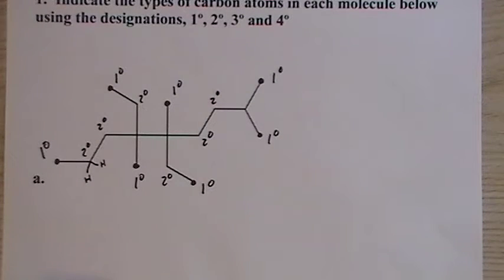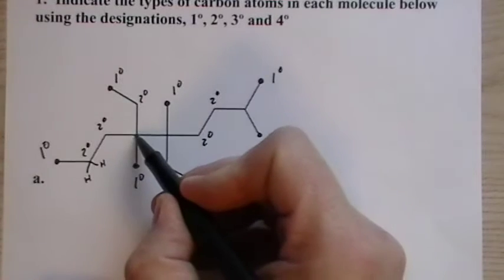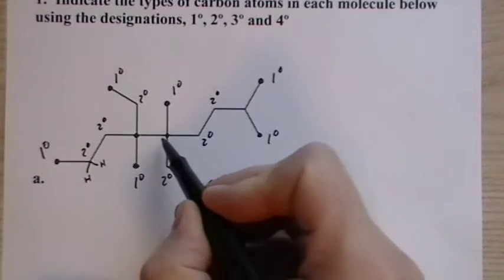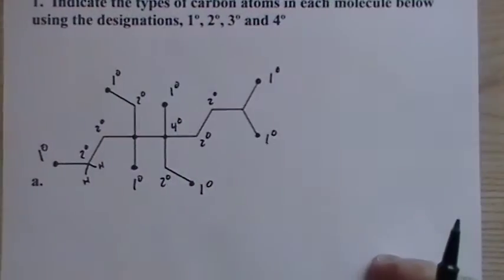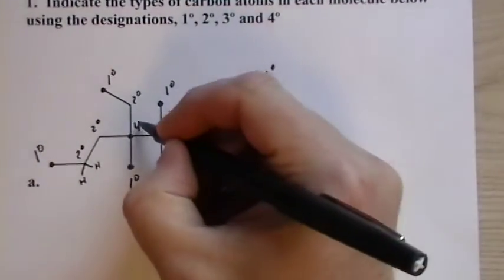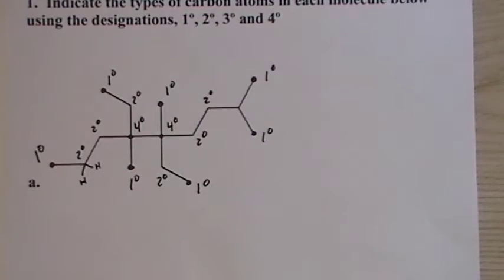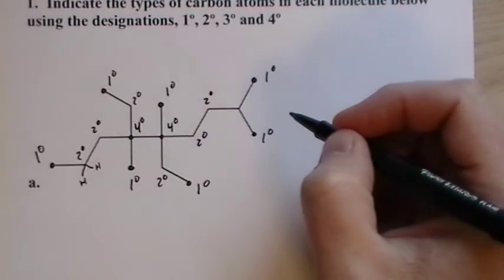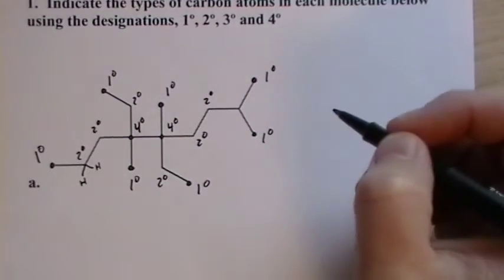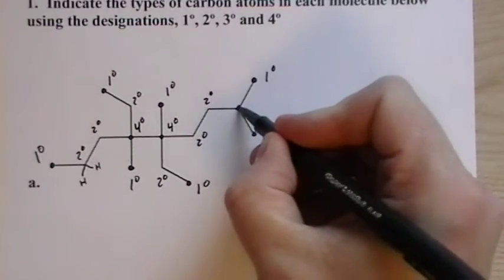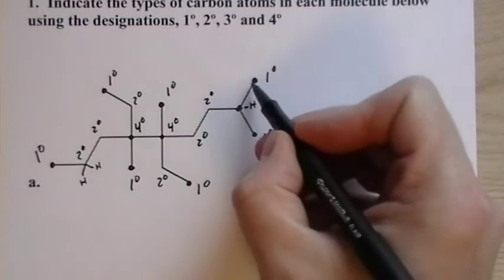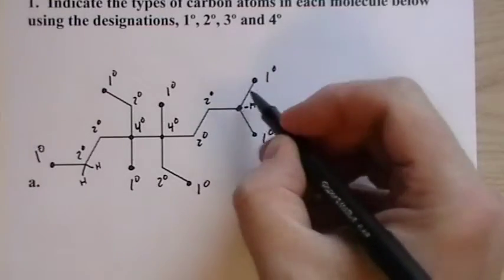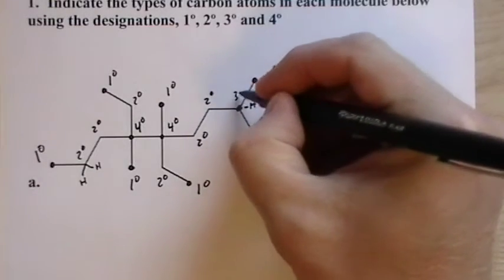Then this carbon here is connected to 4 other carbons, so this is quaternary, and so is this. I was going to say we don't have any tertiary. Yes, we do, this one right here. This one has a hydrogen. We don't show the hydrogen, but you see it's connected to 1, 2, 3 carbons. So this one is tertiary.